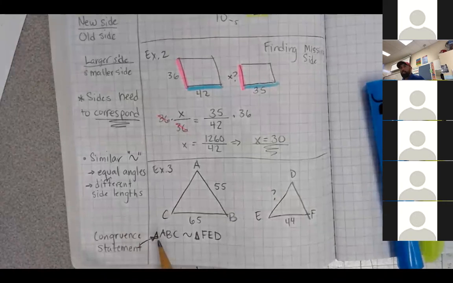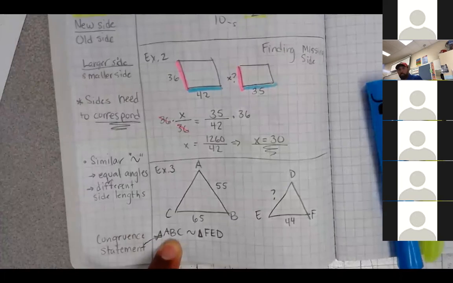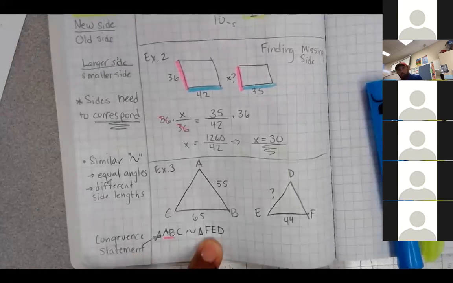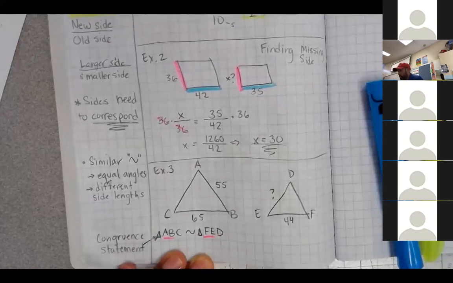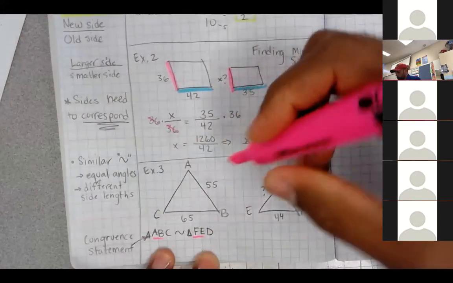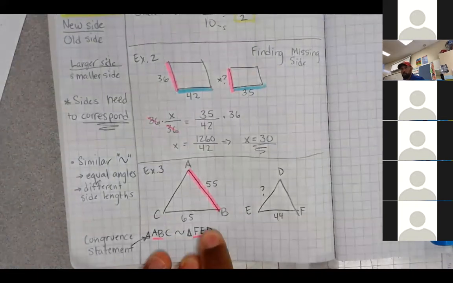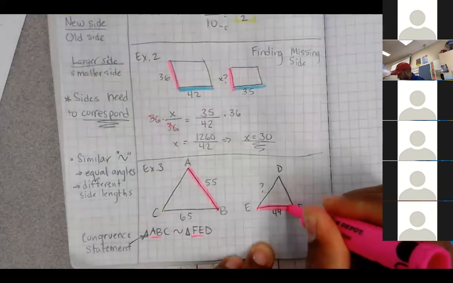All right, so the order of the letters will tell you what's congruent. So for instance, A, B, the first two letters, are going to be congruent to the first two letters in the other triangle, FE. So that means if I go to the triangle, AB, which is this side, should be congruent to FE, this side.